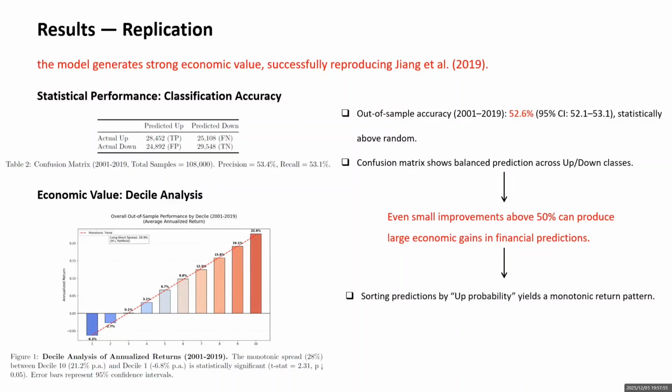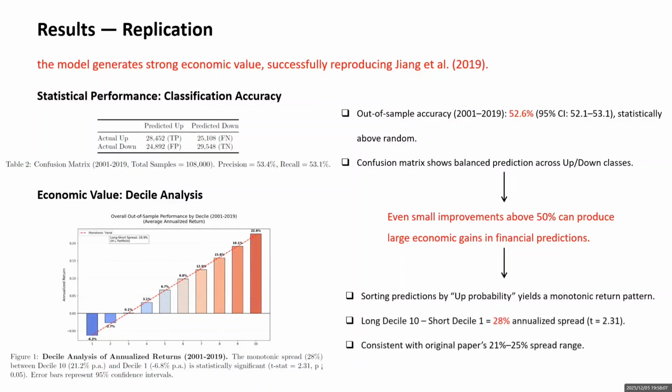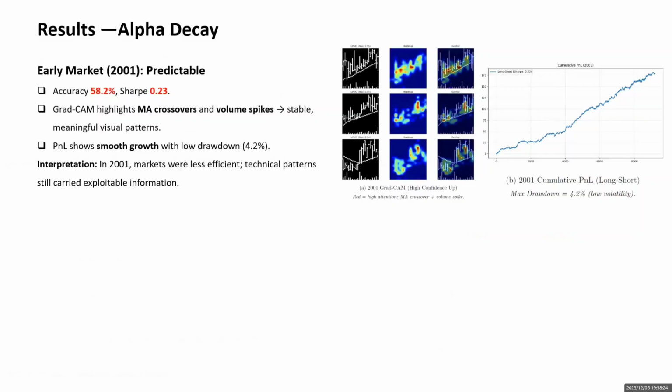The long decile 10 minus short decile 1 portfolio yields a 28% annualized spread with a test stat of 2.31, which is really close to the 21 to 25% reported by Zhang's paper.